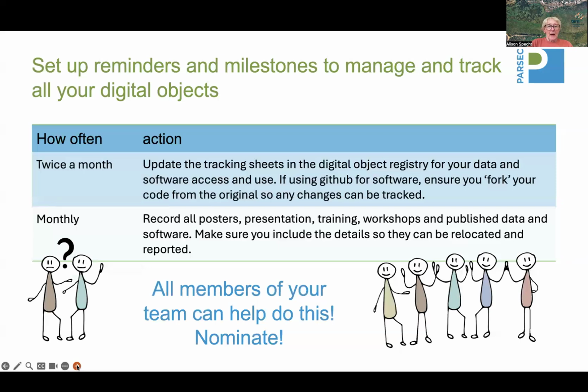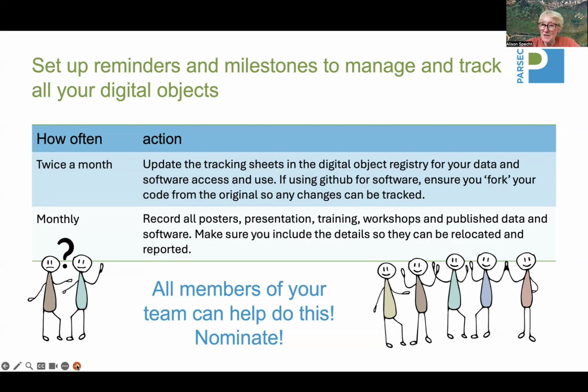Okay, twice a month you might, oh yes. Now, as mentioned, this is a repeat: all members of the team can update the track sheets, all members. They can be helped by their PA, personal assistant, if necessary, as long as they understand the rules.